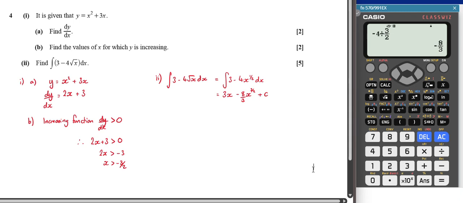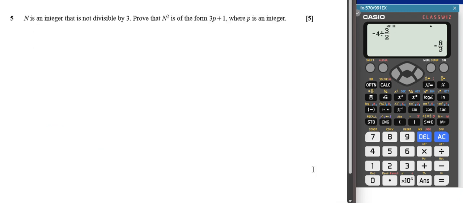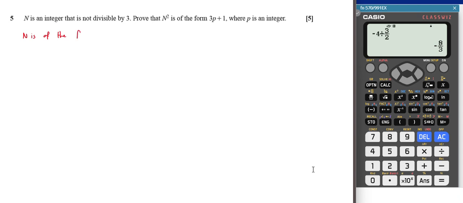Question 5. n is an integer that is not divisible by 3. So if that's the case, then n is of the form either 3m plus 1, so that's 1 more than a multiple of 3, or 3m minus 1.